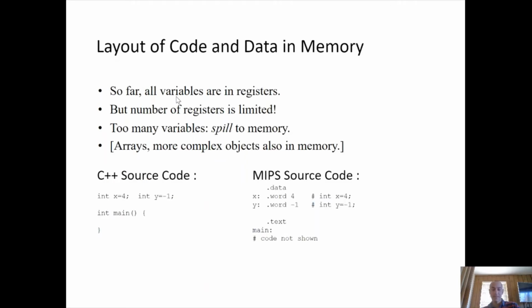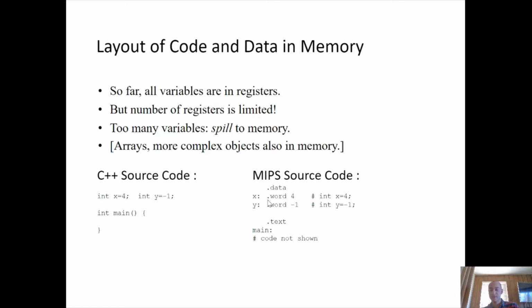So if you look at here, we have two variables, and the way that we can represent that in MIPS is basically having some labels, and these labels are going to reserve some memory as soon as you put them in the data section.